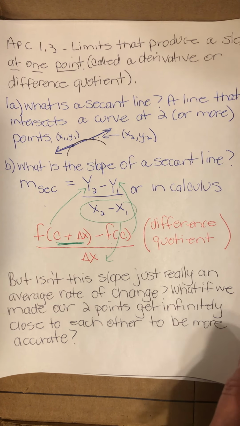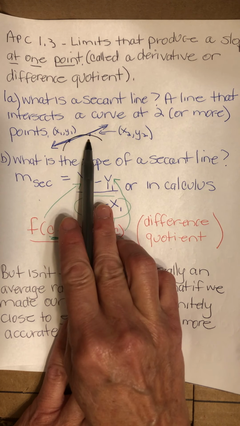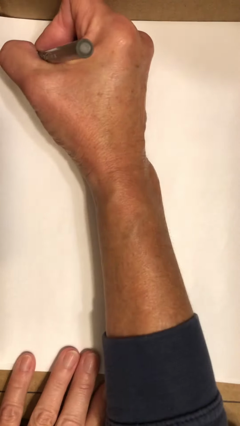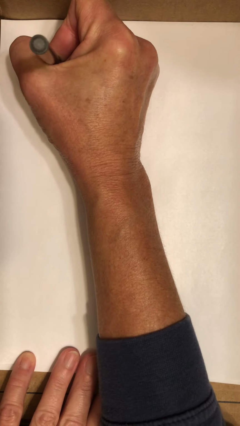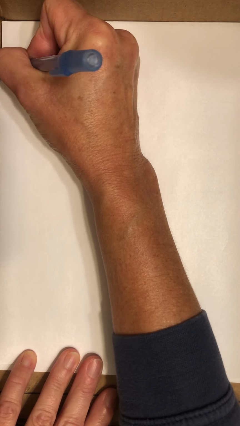So I'm going to draw a couple pictures of that. Take a look at the secant line with the 2 points here. Let's say that here's my curve again, and what if I made those 2 points get closer to each other?